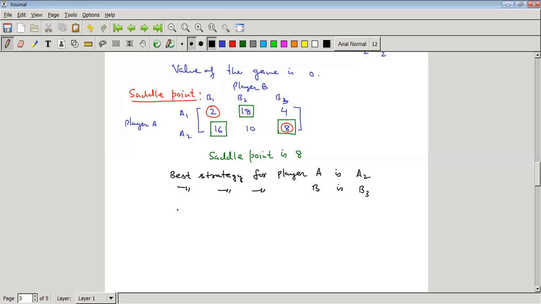And the value of the game is 8 for player A and the value of the game is -8 for player B.